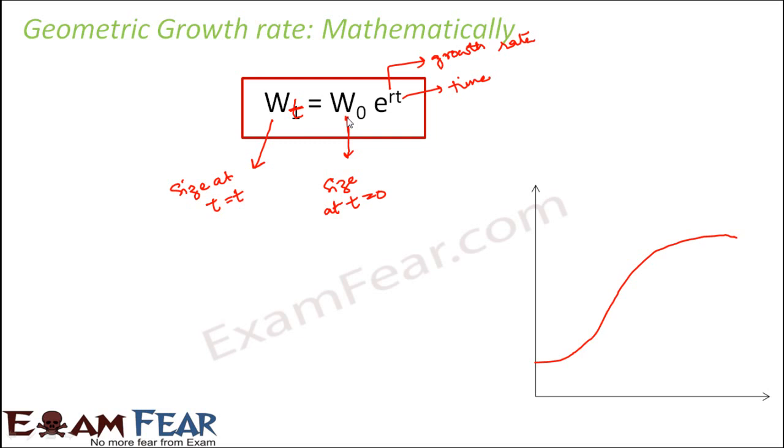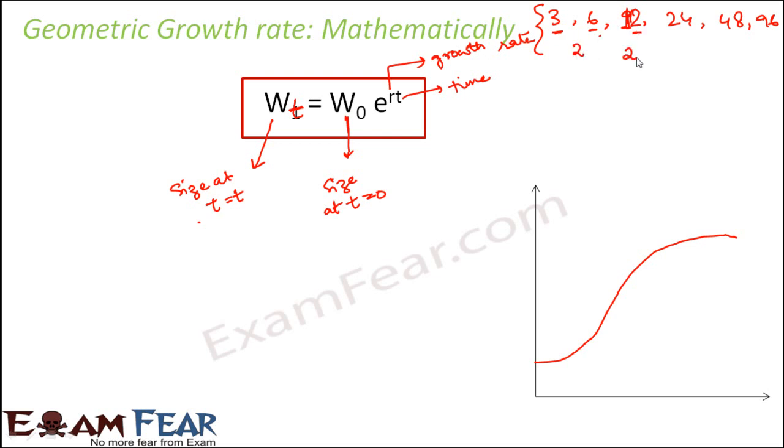Now this is known as geometric growth rate because it is like the geometric progression. In geometric progression, the series would be something like this: 3, 6, then 12, then 24, then 48, then 96. So this is an example of geometric progression. Why? Because this divided by this is 2.